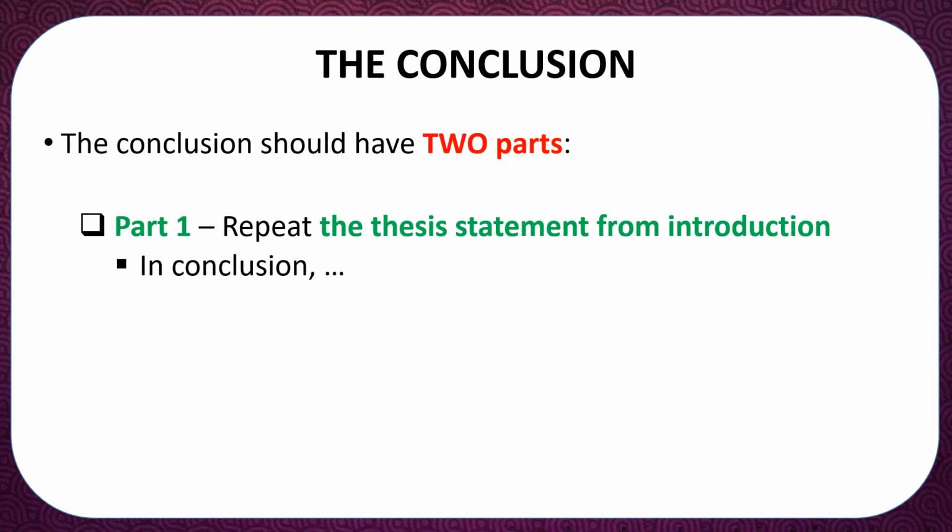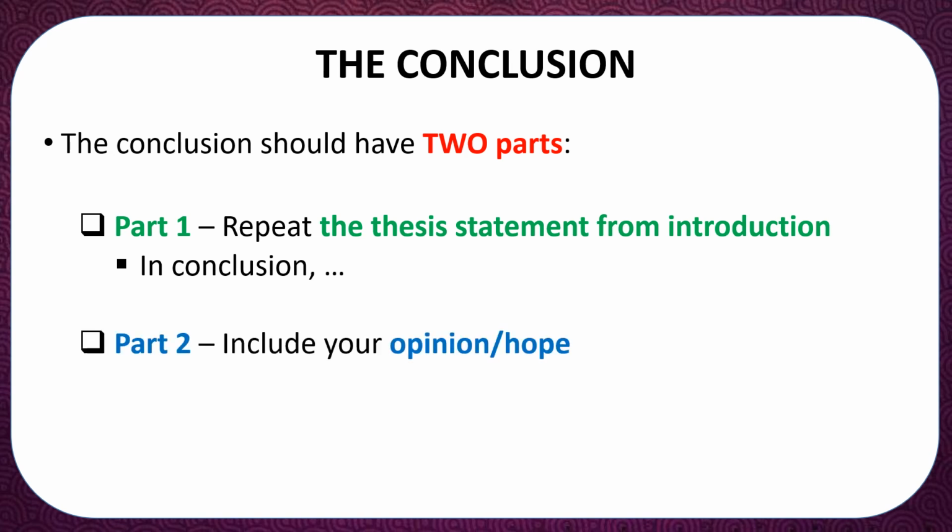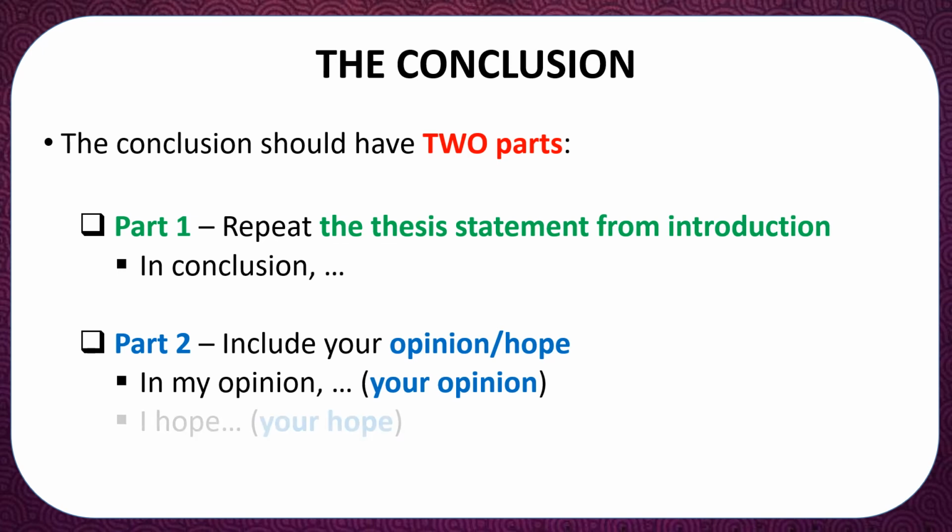So, in conclusion, and then you repeat the thesis statement from the introduction. For part 2, you need to include your opinion or your hope, pendapat dan harapan kamu. So it will be, in my opinion, and then you put your opinion. And then, I hope, then you write about your hope.